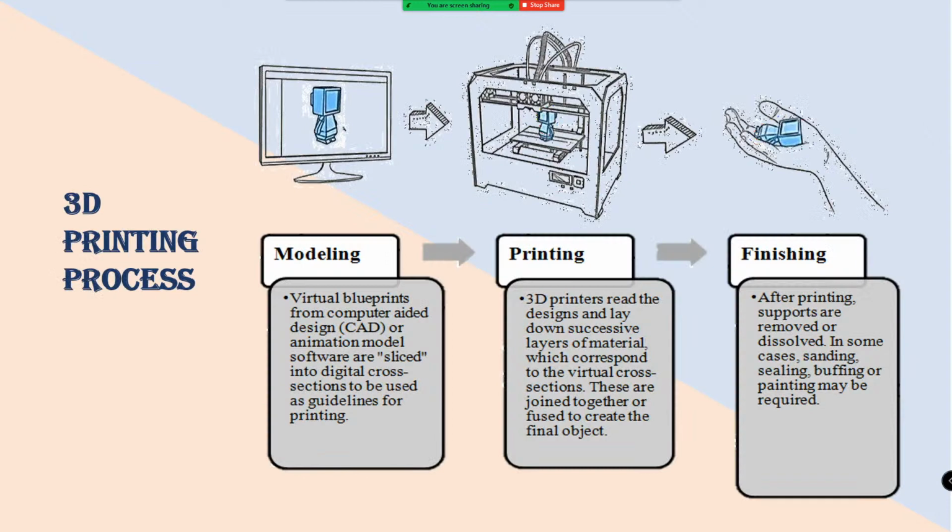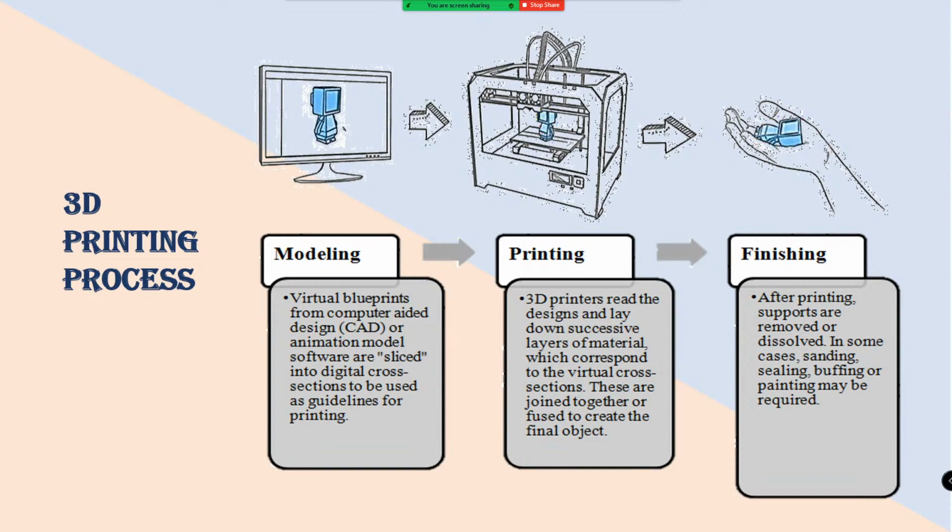How 3D printing works. Here is the process of 3D printing. Now we discuss it using the picture. At first, design a model using a computer. That is known as modeling. Next is printing. The printer should be readied with printer material, and then it prints according to the design.